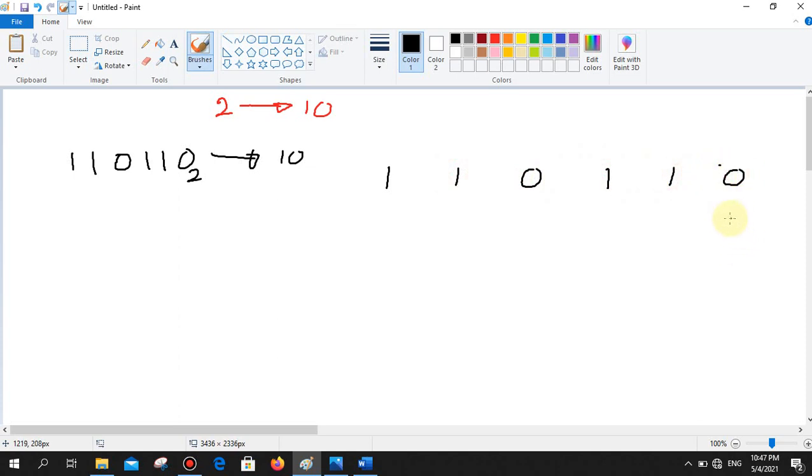Then you all can start with 2 to the power of 0 into 0 plus 2 to the power of 1 into 1 plus 2 to the power of 2 into 1 plus 2 to the power of 3 into 0 plus 2 to the power of 4 into 1 and 2 to the power of 5 into 1.